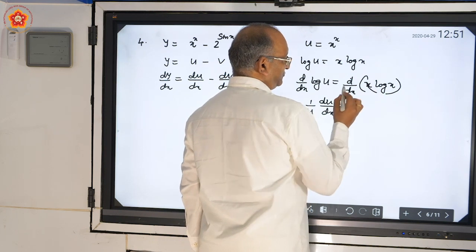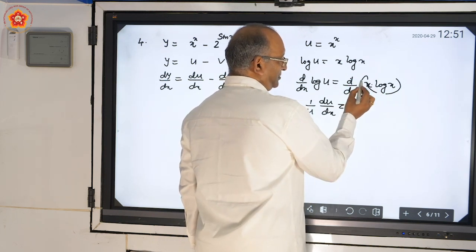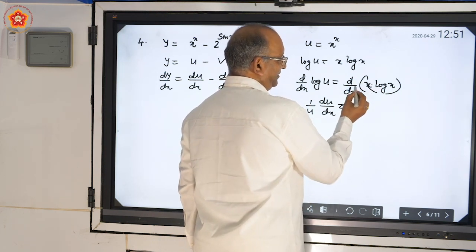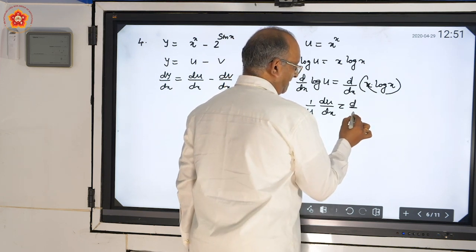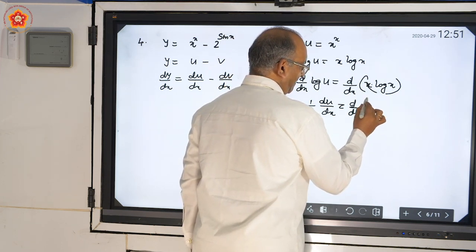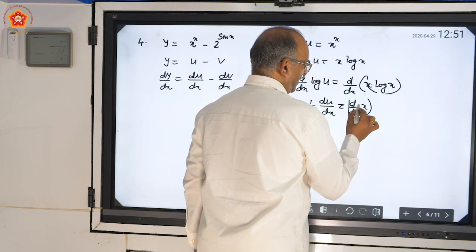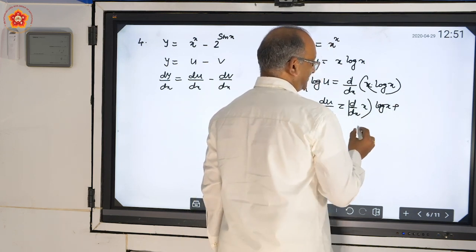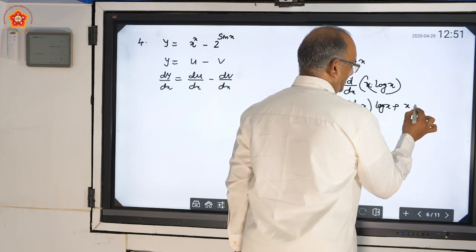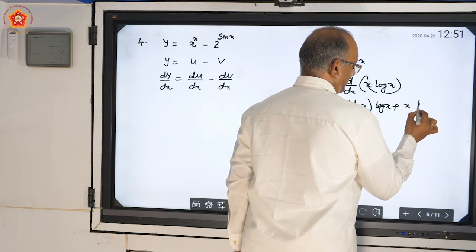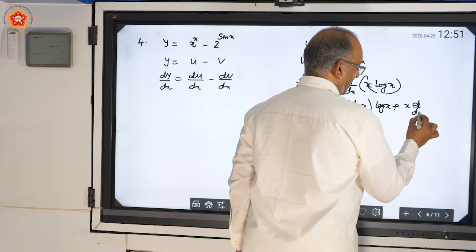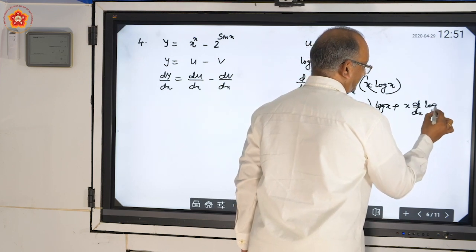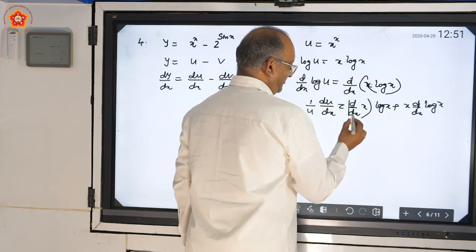Here we use the product formula. So u into v formula, derivative of x into log x plus x into derivative of log x. What is derivative of x?